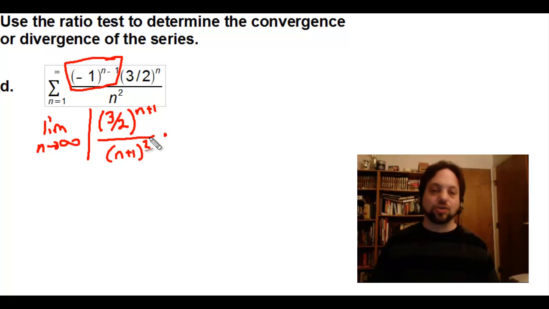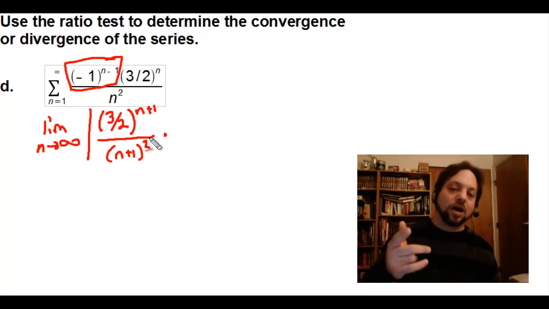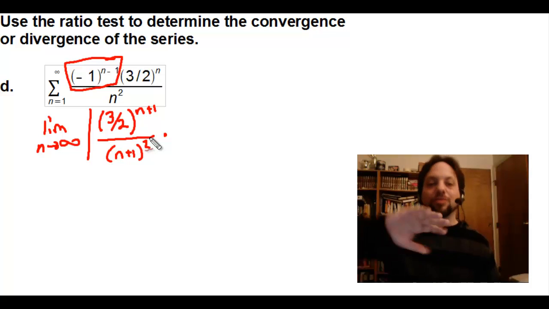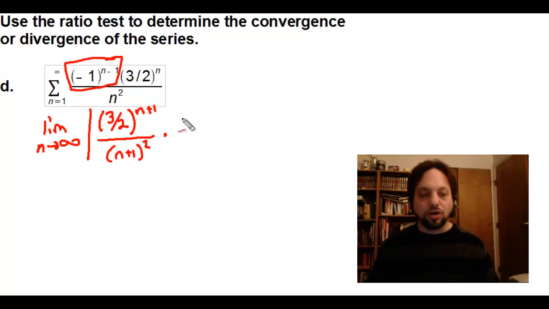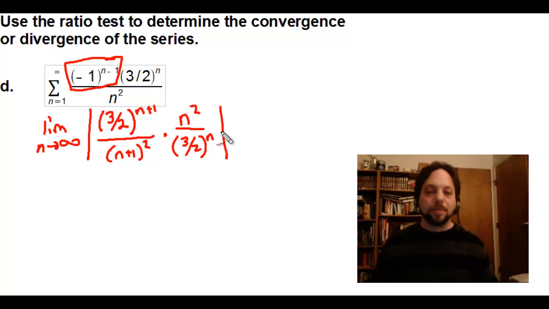There is our next term in the sequence. Now, let's go ahead and multiply by the reciprocal of the current term in the sequence, that is n squared over 3/2 to the n. And once we simplify this, hopefully we'll be able to draw some conclusion about this series from the ratio test.